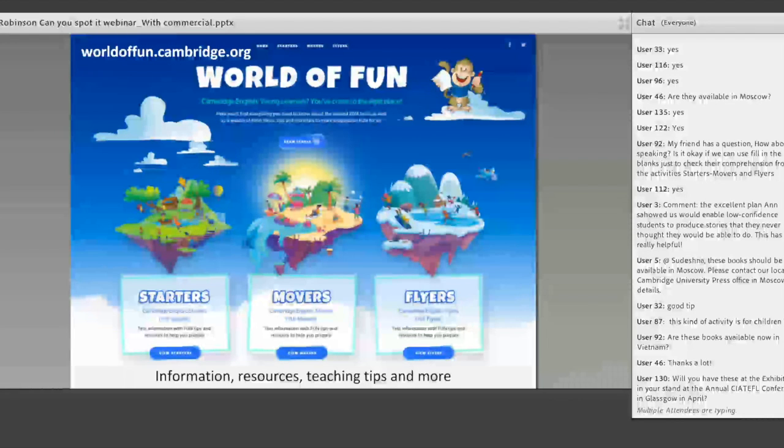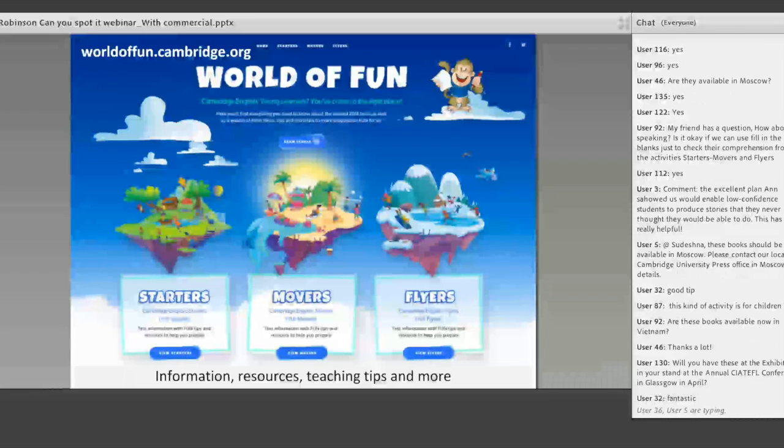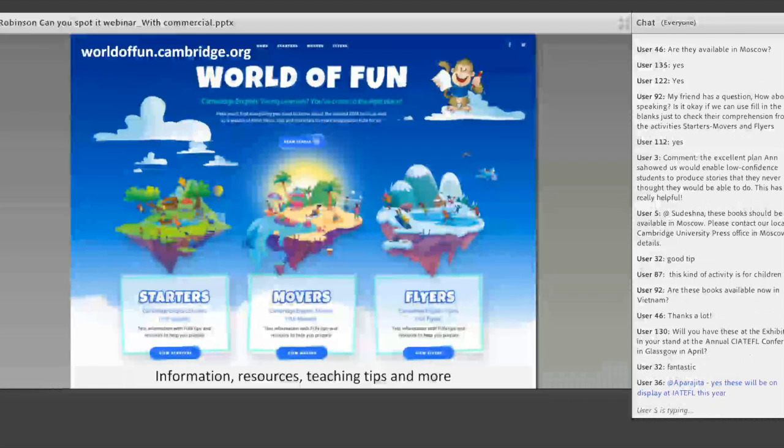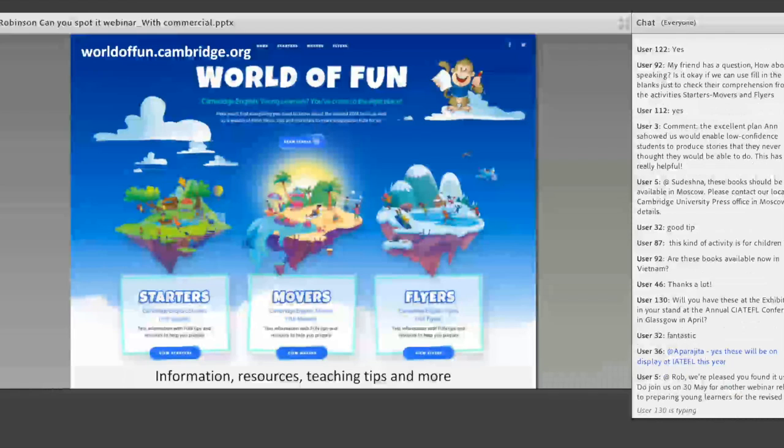There was another question. What would happen if students don't understand the word pirate? Good point. Okay, I see lots and lots of young learners doing Starters, Movers, and Flyers tests every year, and inevitably there's always one or two words that some students might not know or might not remember. So again, encouraging them to guess.